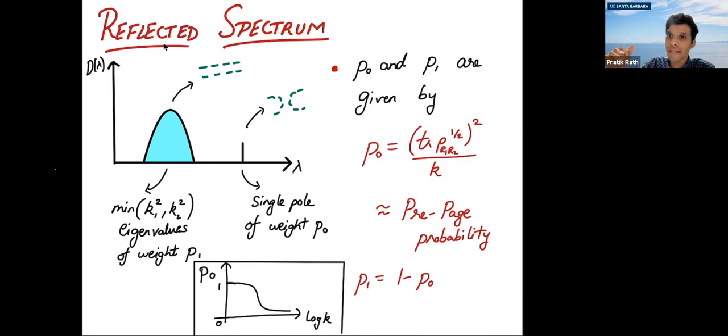And so there's some interpretation that was given in the West Coast paper for what you can think of as a pre-Page probability, which is 1 when you're far in the disconnected phase and 0 when you're far into the connected phase. And that nicely captures the weight of this single pole. So it's very closely related to the fact that the reflected entropy has a transition exactly where the entanglement entropy has a transition.